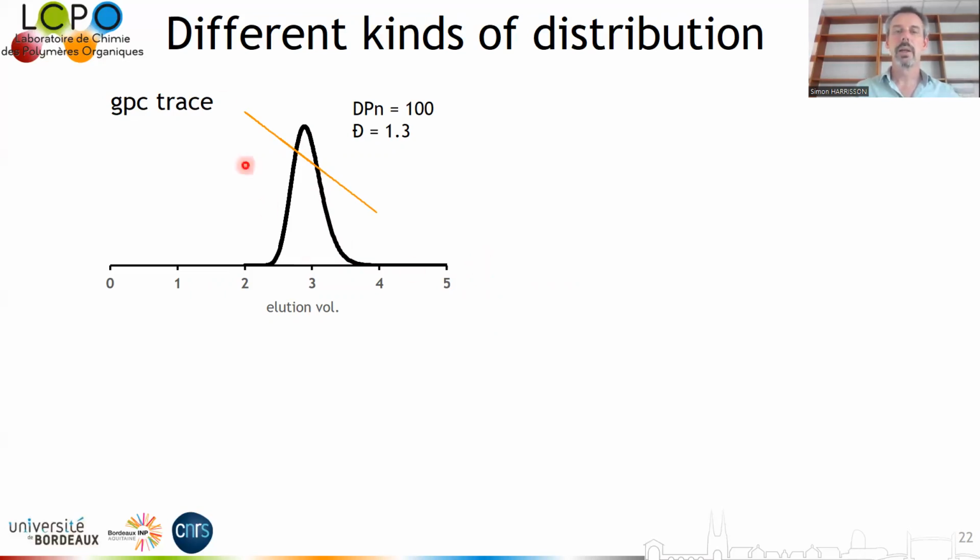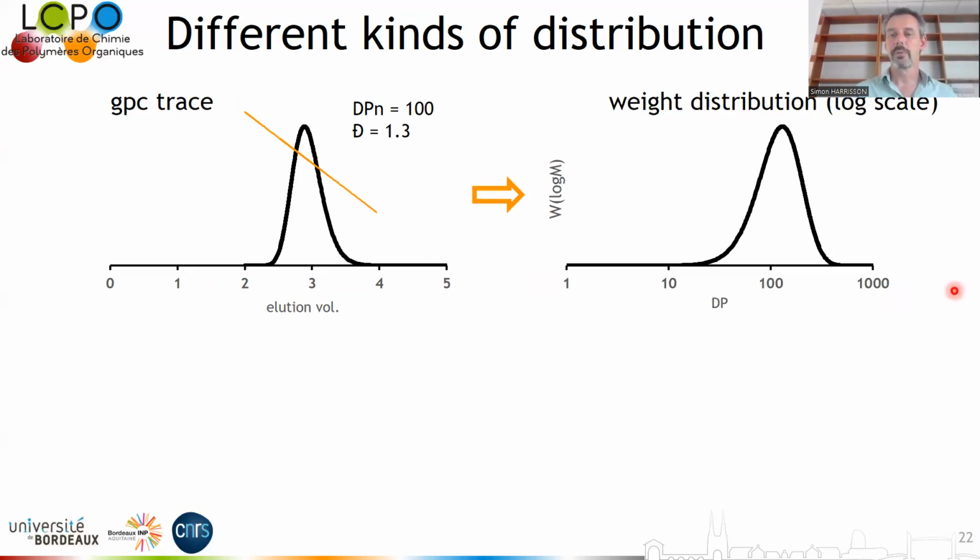And then we're going to convert that using either a calibration curve or using an absolute mass detector, such as multi-angle light scattering, into a weight distribution. So we're showing the mass of polymer as a function of the logarithm of the molecular weight, of the degree of polymerization.